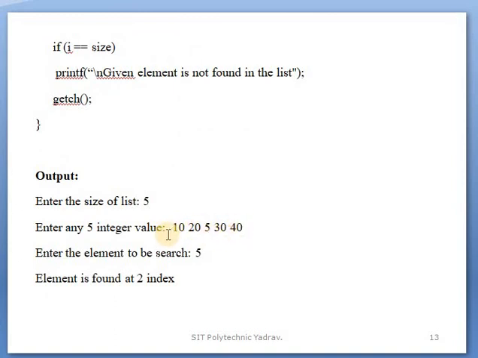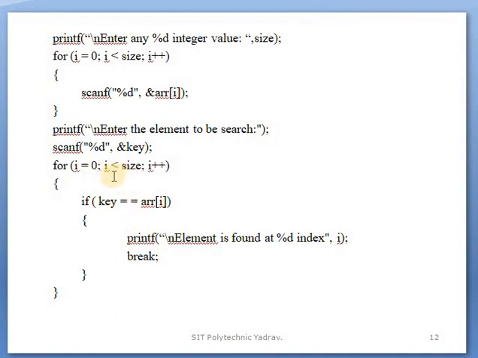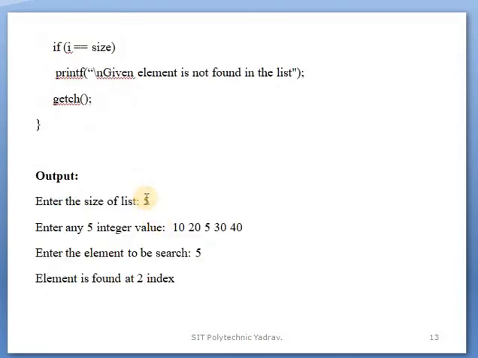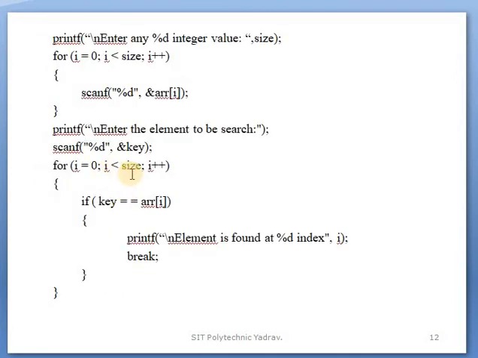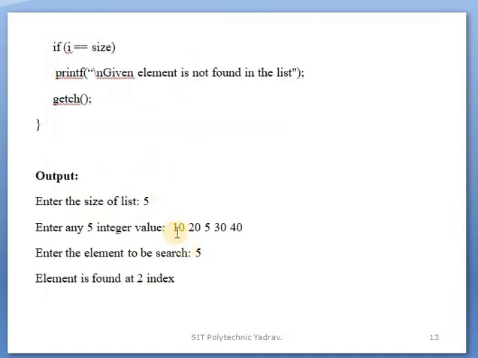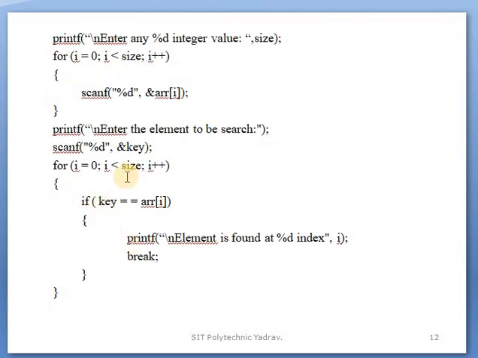But when i is incremented to 5, 5 less than 5 is not true, since the total size is 5, so the inner part is not executed.